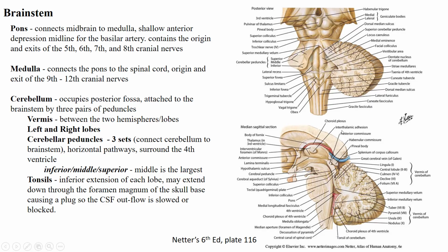So I like this view from Netter's here for looking at the brainstem. One of the greatest things to be able to visualize here, I think, is the quadrigeminal plate. And remember that this is a posterior view, so this will be the right and this will be the left. So you have the superior colliculus and the inferior colliculus.